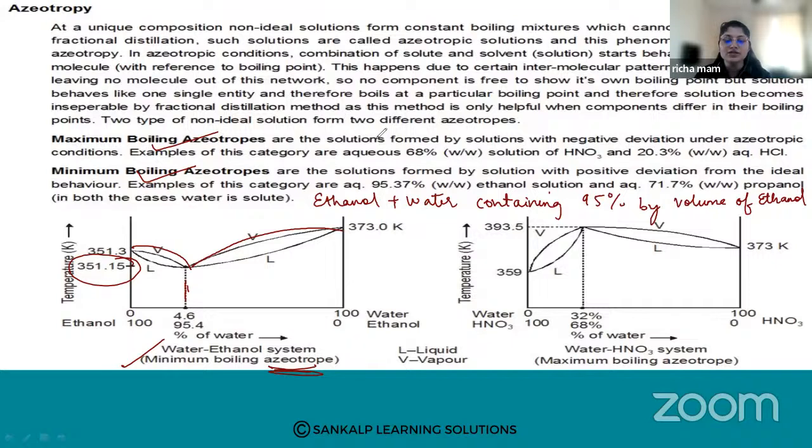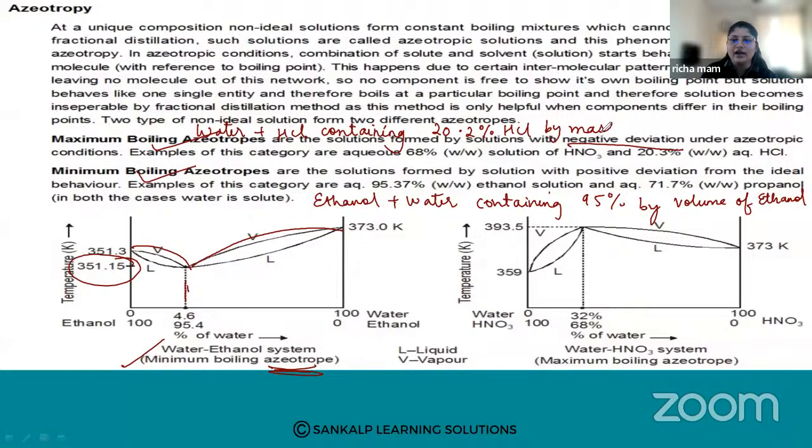The solutions which show large negative deviation from Raoult's law are called maximum boiling azeotropes at a particular composition. Now, what is the example for maximum boiling azeotrope? There are two examples, so you can note them down. Water plus HCl, that is hydrochloric acid, containing 20.2% HCl by mass.